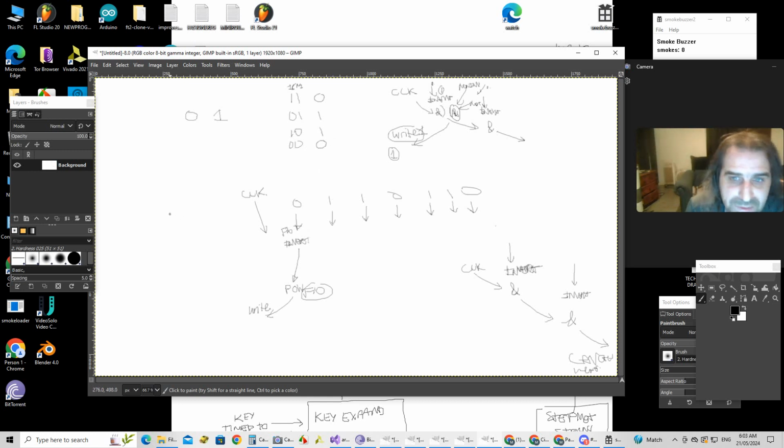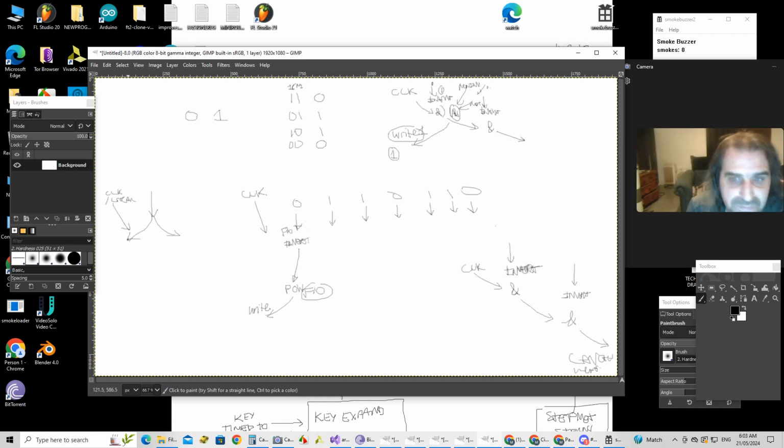So what do I do? So I get the value and then I fan it out. And then that goes to the last one's carry. So that's clock or last carry.